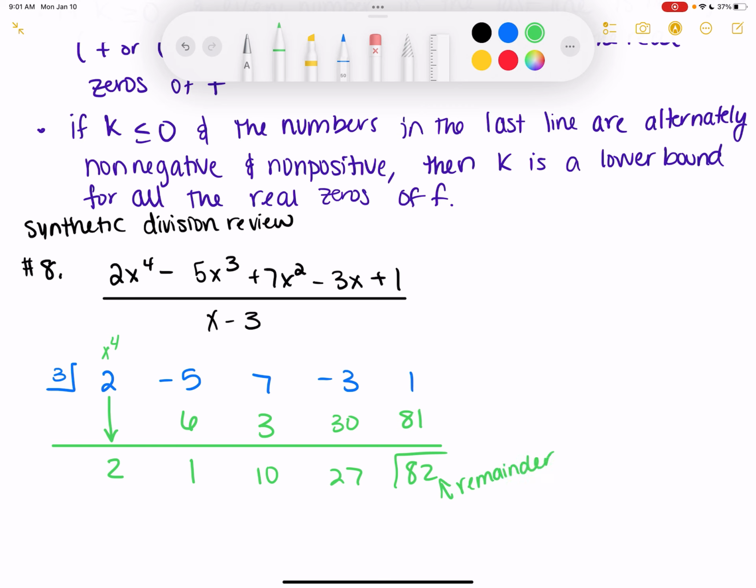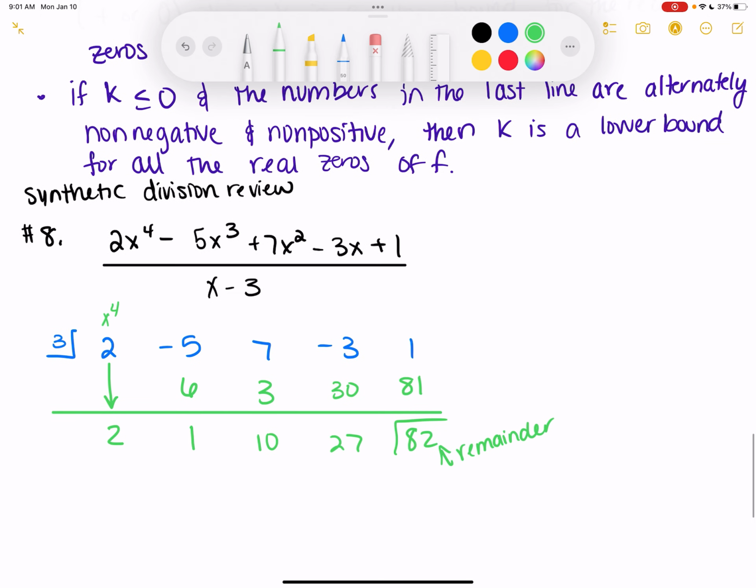So when I go to write my summary statement, I get this number here. The reason I always write what it starts with, this becomes an x cubed term. This always drops by 1 power. So if it was x to the 4th to start with, it's x cubed.